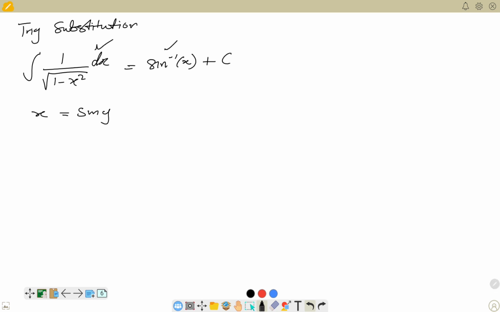But some people can use theta. So let's use y because mostly in mathematics, as beginners, we are used to x and y. So we can see that x is equal to sine y. Then if I want to make y the subject of the formula, it's going to be inverse sine x.